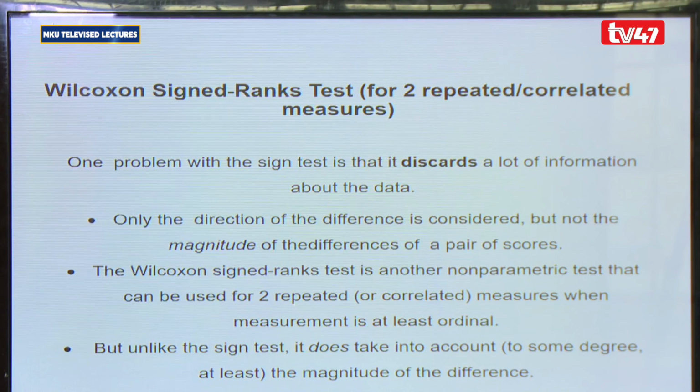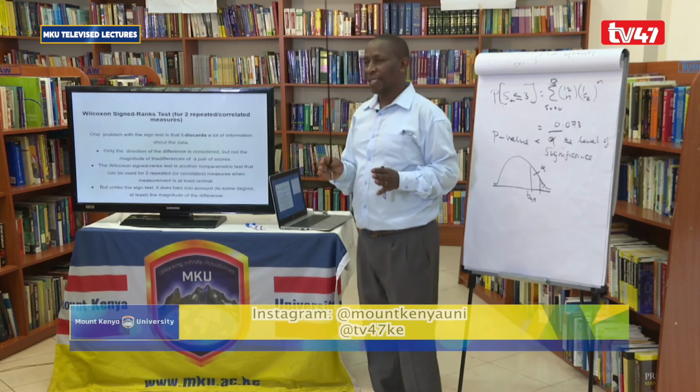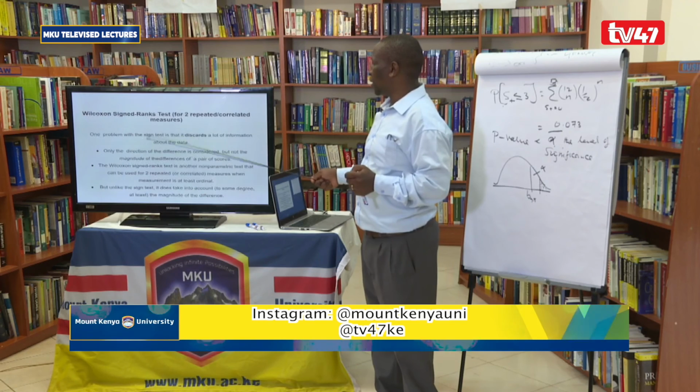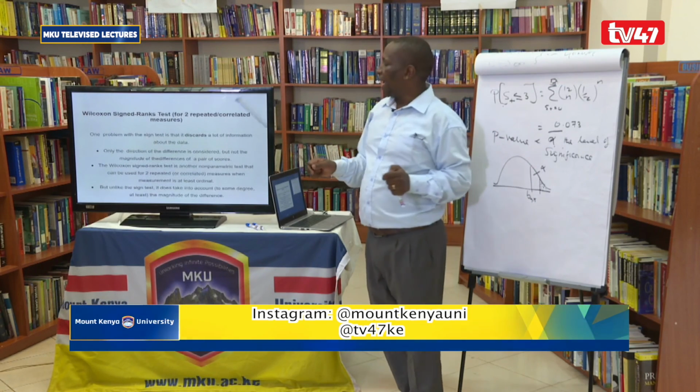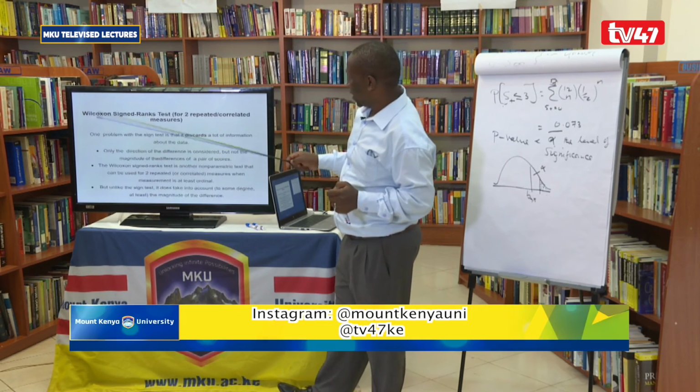We look at another method, the Wilcoxon signed-rank test for two independent or repeated measures. One problem with the sign test is that it discards a lot of information about the data because it only deals with the signs of the differences between the values. We need to take care of the magnitude of the differences.